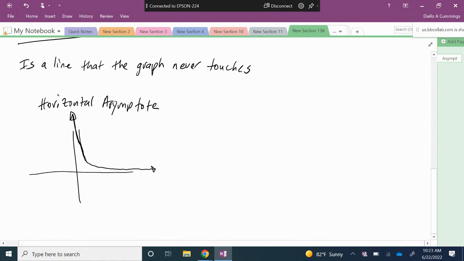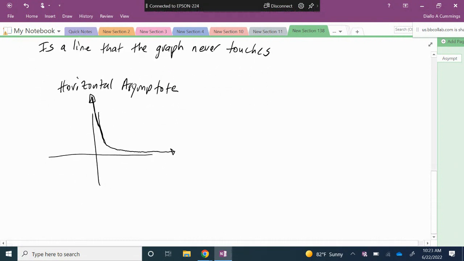If we look at this particular graph, this would have what's called a horizontal asymptote. I'm going to draw this little dashed line. Notice that our graph gets closer and closer to this horizontal line, but never actually touches the line.